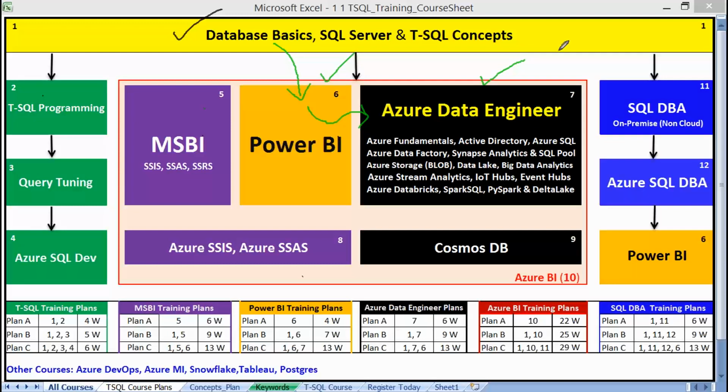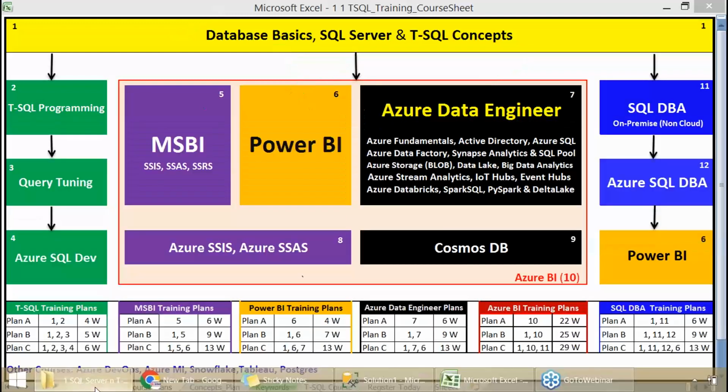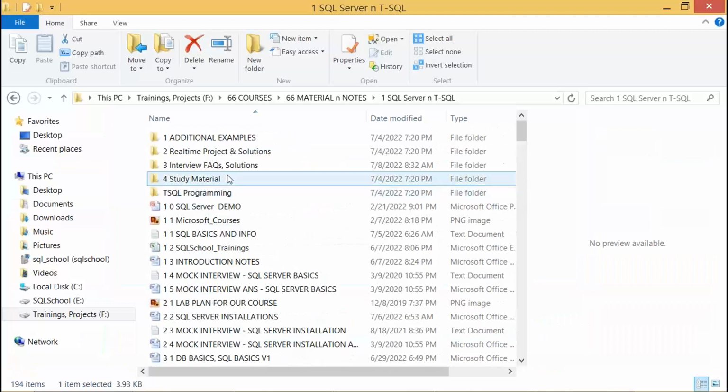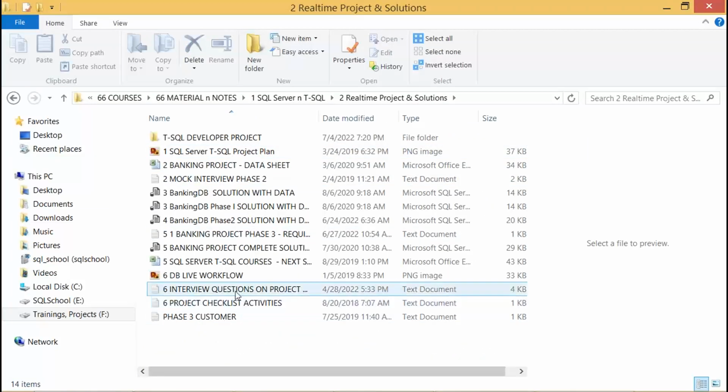There are a good number of openings on LinkedIn and other international job sites. With our concept-wise FAQs and project implementations, we also have FAQs exclusively for the project work.